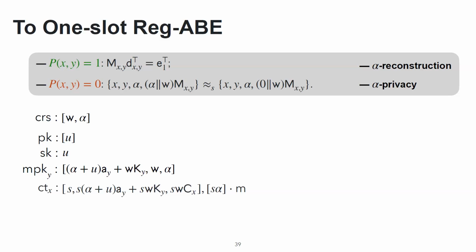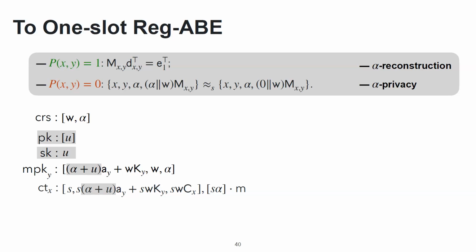Next, I will talk about how to modify the zero-slot scheme to allow the user to register. Similar to HLWW23, the user will generate an LWE key pair as its public key and secret key.